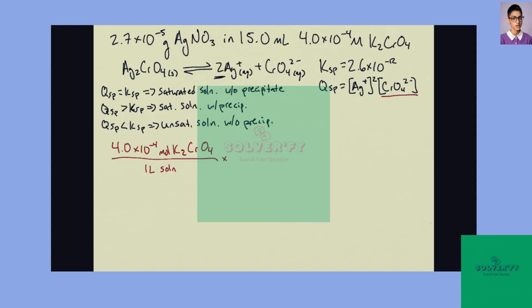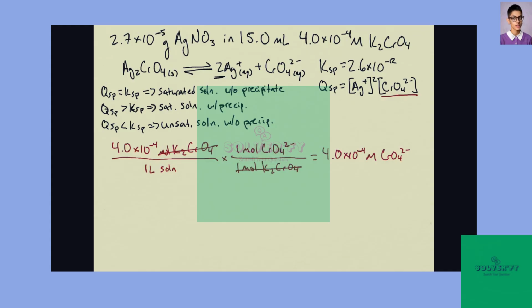Then, for every 1 mole of K2CrO4, we have 1 mole of the CrO4 2- ion. So that means that we also have 4.0 times 10 to the negative fourth molar CrO4 2-. Just to make sure for our units, the moles of K2CrO4 will cancel, and we'll be left with moles of CrO4 2- over liters of solution, which is just molarity of CrO4 2-.